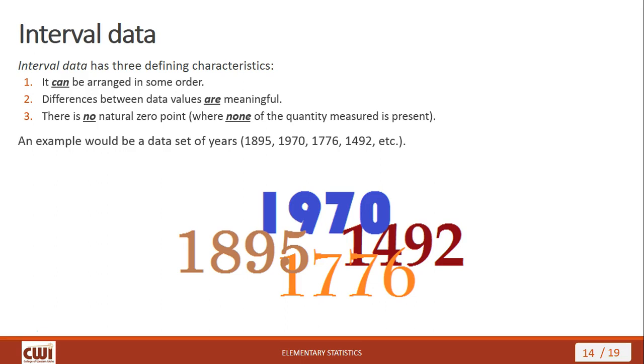It's actually the quantity of time that's passed from a given standard, from a given point. And so that point is not where none of the year exists. It's not like there's no time existing in year zero. It's just a point at which we started to set the counter. So that's why years would make a data set at the interval level of measurement.